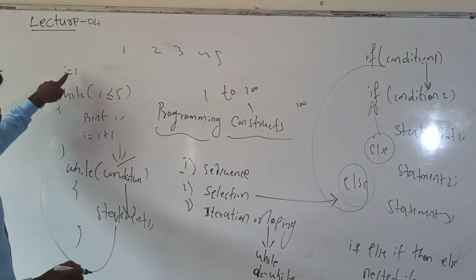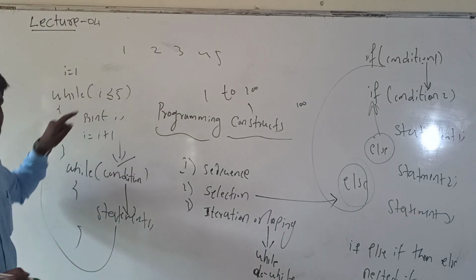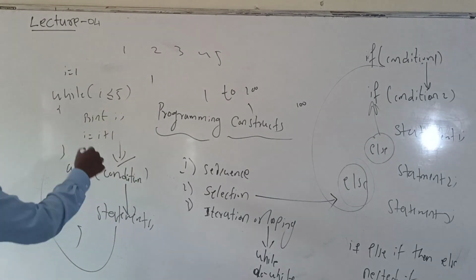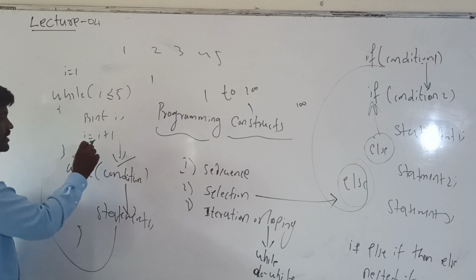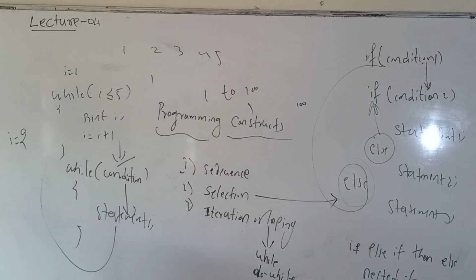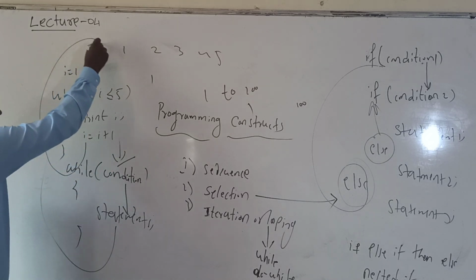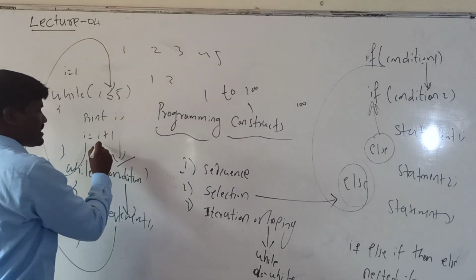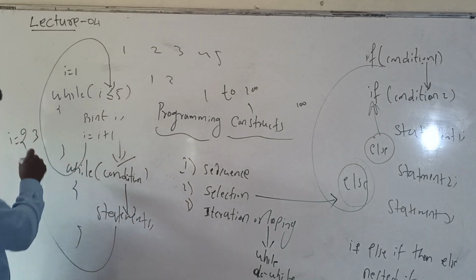Initially the value of i is 1, 1 is less than or equal to 5, the condition is true, so it will print 1. Then i = i + 1 means 1 plus 1, 2, and 2 is stored in i. When i becomes 2, again it will check the condition with the new updated value. The present value of i is 2, 2 is less than or equal to 5, the condition is true, it will print 2, and i = 2 + 1 means 3.